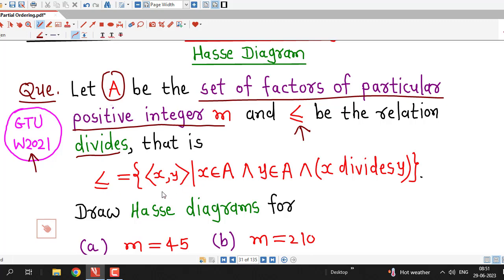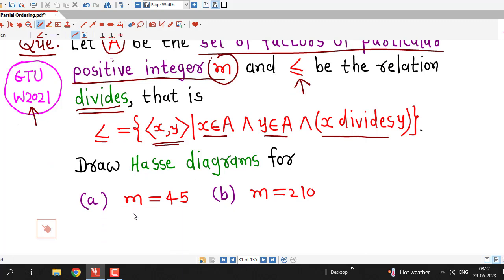That is, we have to consider all those ordered pairs (x, y) where x and y are elements of set A and x divides y. That is, we are given the divides relation on the set A, which is the set of factors of a particular positive integer m. Draw hash diagrams for m equal to 45 and m equal to 210.